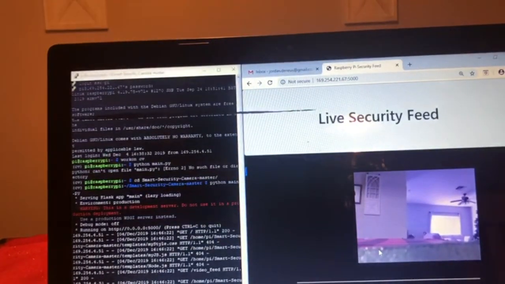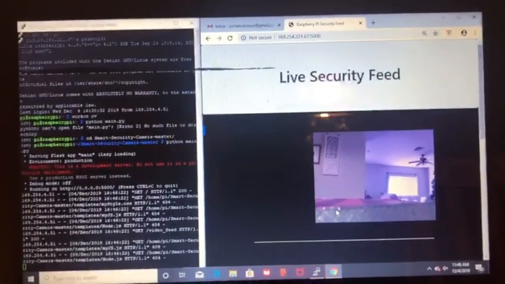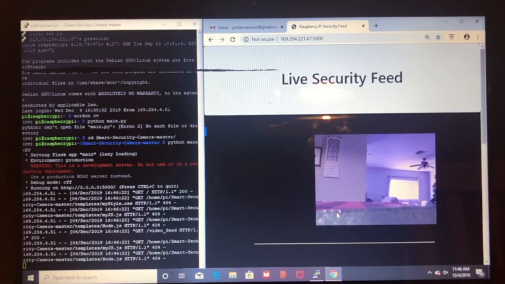As you can see, we have the live security feed of the Raspberry Pi camera.